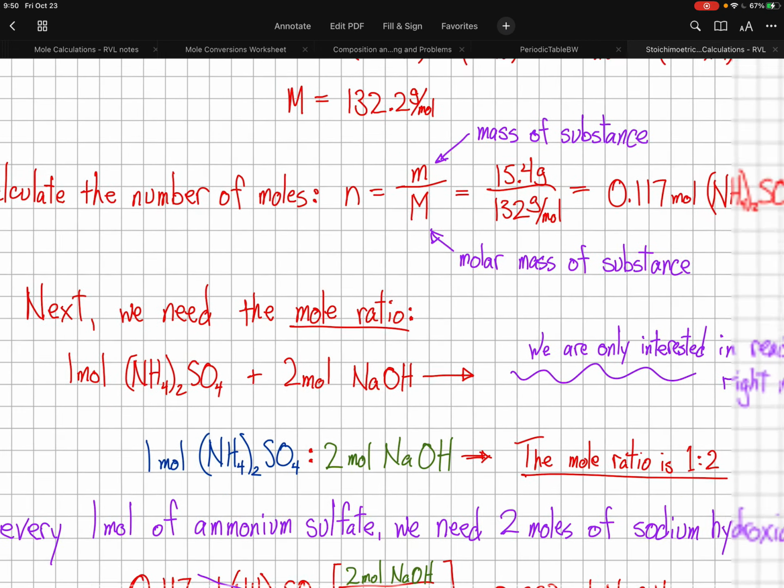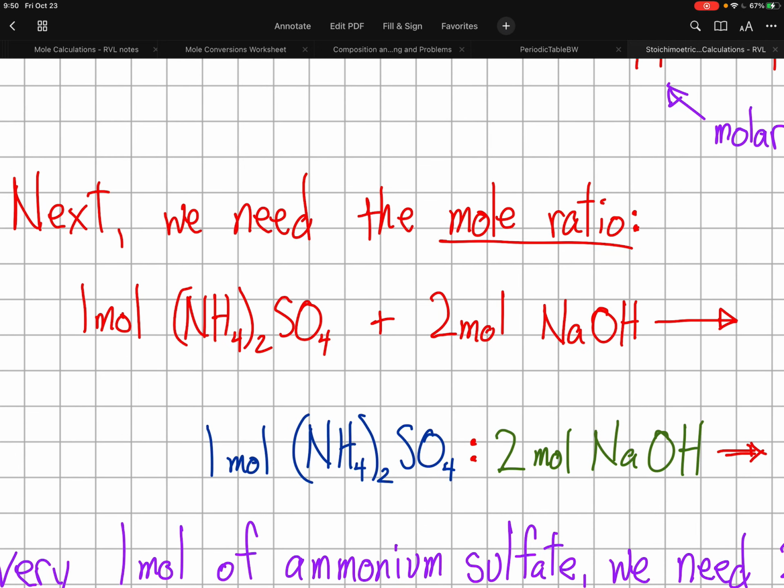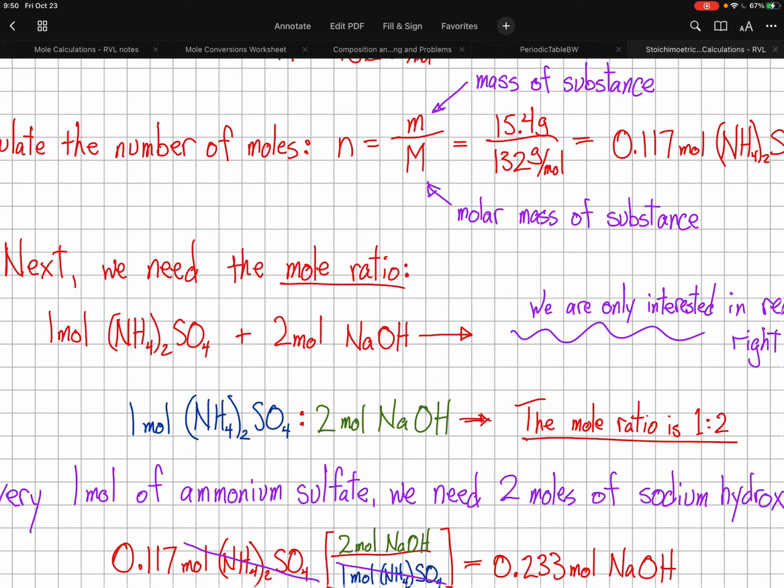Okay, since we're only interested in the reactants, we don't have to fool around with the products, so we just ignore those. Okay, and our balanced equation tells us that 1 mole of ammonium sulfate will react with 2 moles of sodium hydroxide. Okay, and that gives us then our mole ratio, which is going to be 1 to 2.